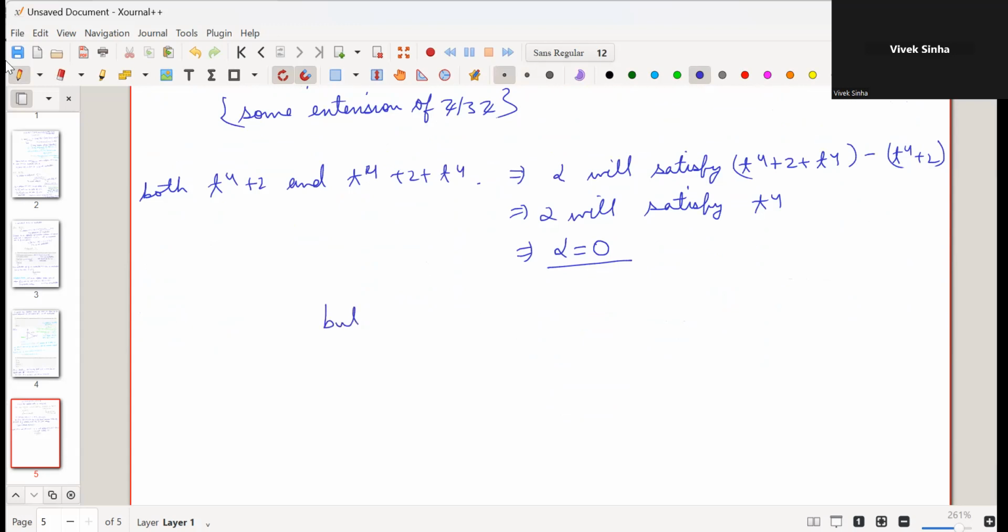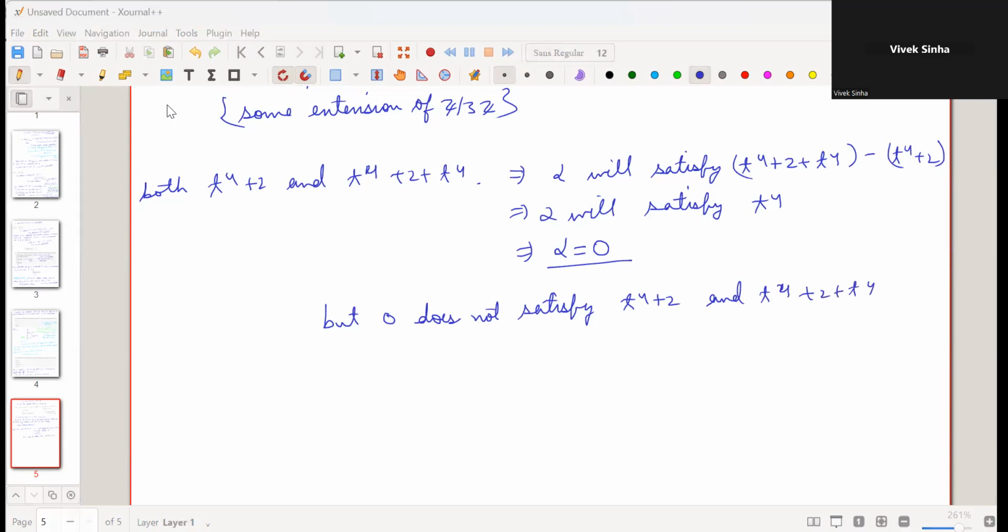But 0 does not satisfy T^4 + 2, because after putting 0, this is 2, which is congruent to T^4 + 2 + T^4.